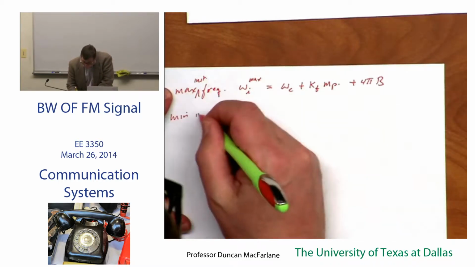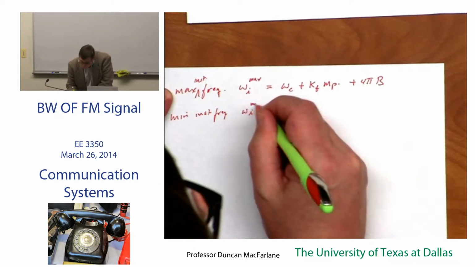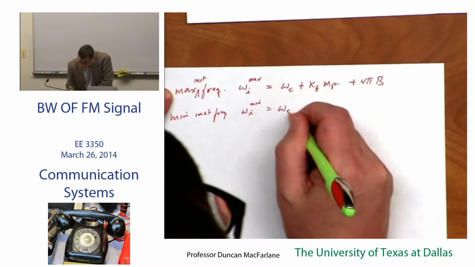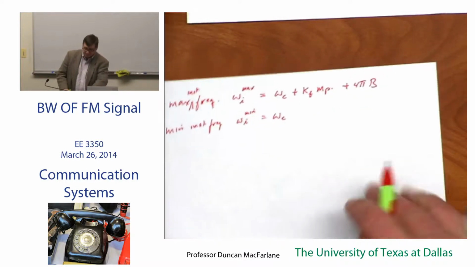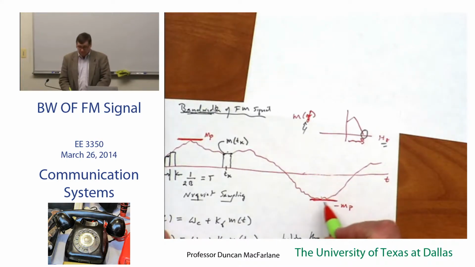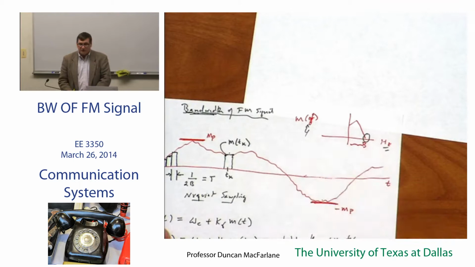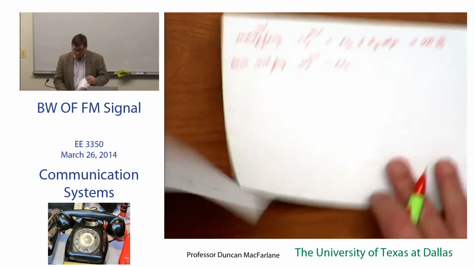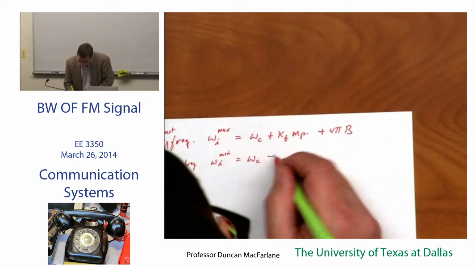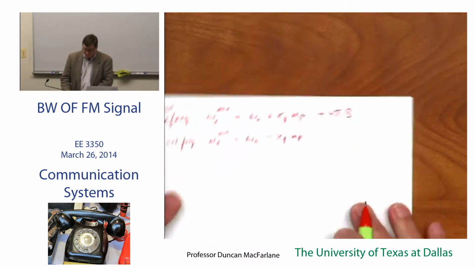The minimum instantaneous frequency is equal to omega C, and that's when we're down in this guy here. We have a little railroad car there, a little box car there. So it's minus M of P times KF.